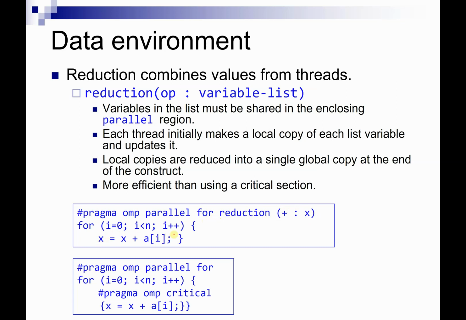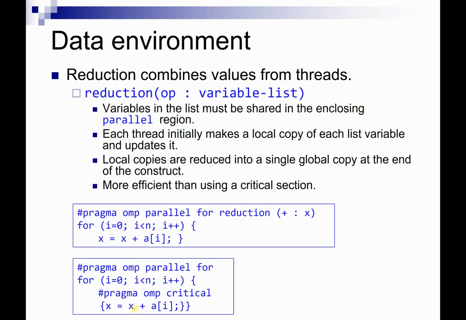Now when the thread goes to execute this parallel for, the thread is assigned some iterations of this overall for loop, and it's going to add all of the values from the array into its own private copy of x. So now there's no collision between the different threads for accessing x, because each of them has a private copy.